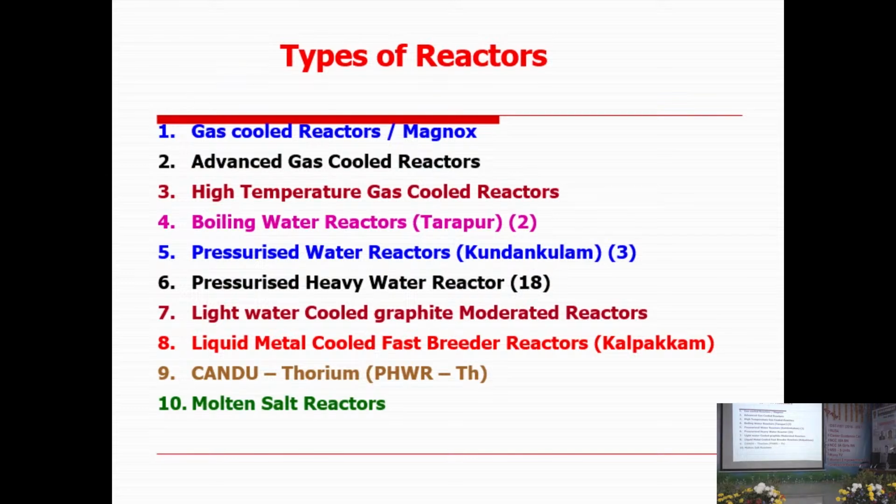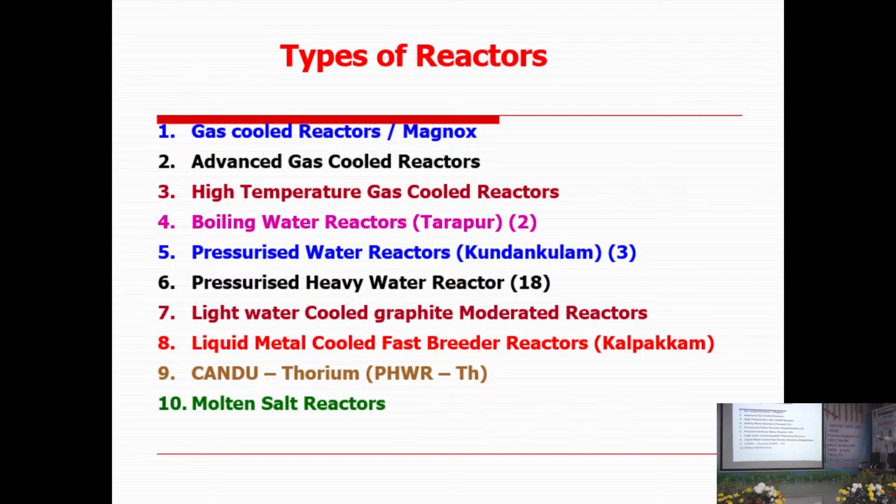Now the types of reactors. We use a combination of different components, like what type of fuel and what type of moderator, and based on that these namings are there. Gas cooled reactors means we are using CO2 as the coolant. Advanced gas cooled reactors have some modification, going for helium gas as coolant.